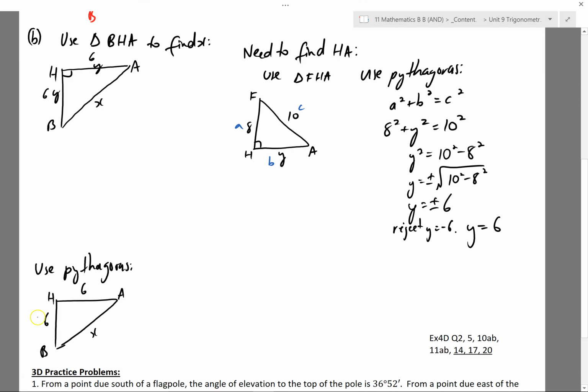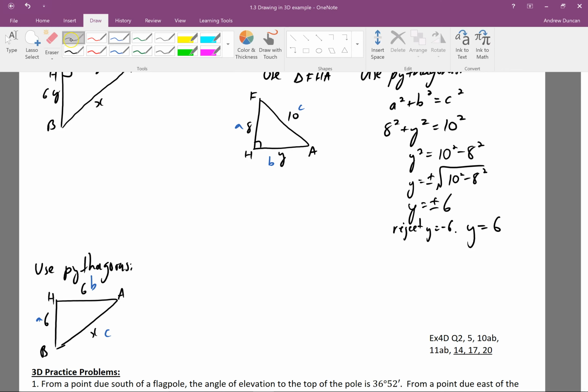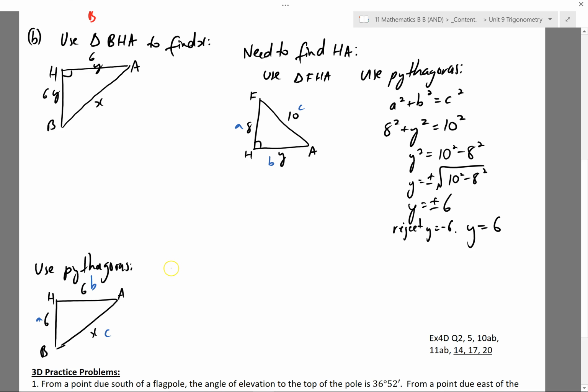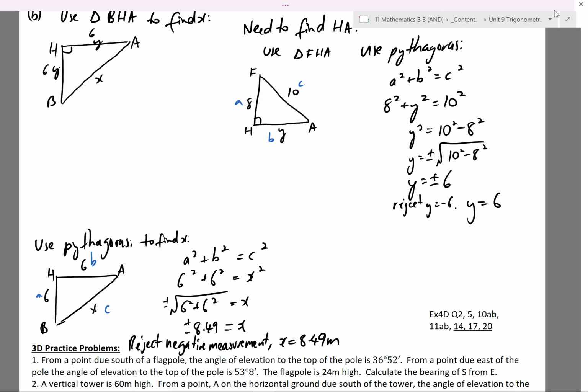Again, I'll label what these are, A, B, and C for Pythagoras theorem. So, write my rule, substitute in my values, and then solve for x. Again, reject the negative, and there's my distance on the ground.